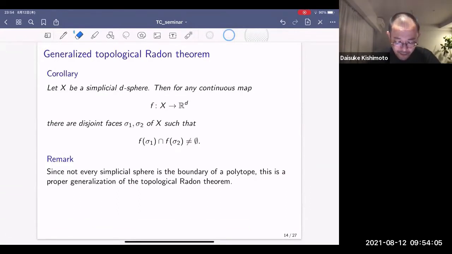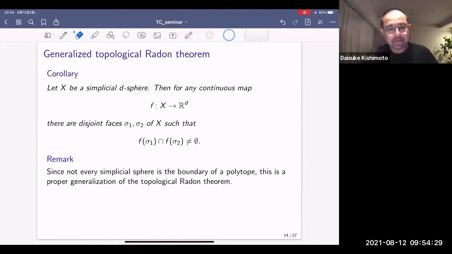And this corollary shows that our main theorem is a real generalization of the topological Tverberg theorem, because not every simplicial sphere is the boundary of a polytope, which is an old result of Grunbaum.